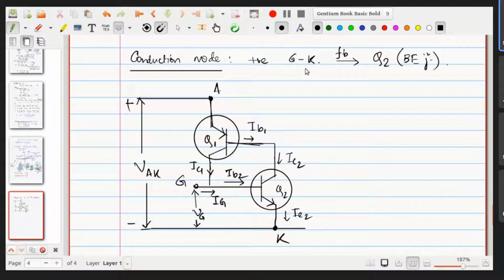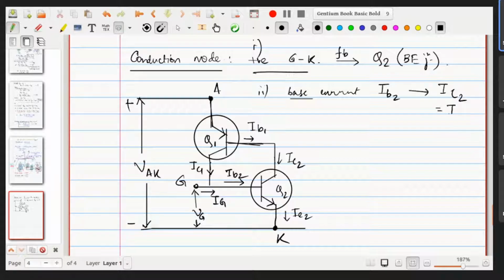So again I repeat this process. In the conduction mode, there is a positive gate to cathode voltage, which is forward biasing Q2. This is point number 1. Point number 2 is this will cause base current IB2 to flow, that is going to produce IC2.